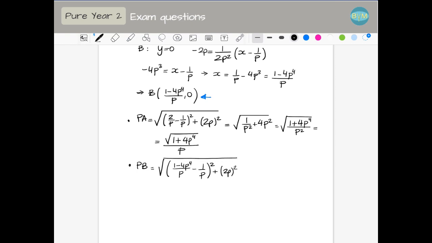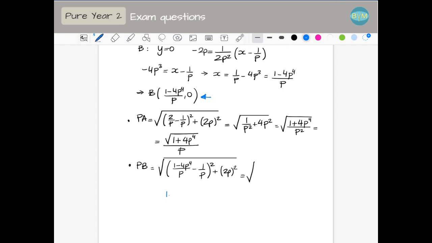Let's work a bit with the expression. We have the square root of this one. When I have the same denominator, I have 1 minus 1 is 0. So I have minus 4p to the power of 4 over p.